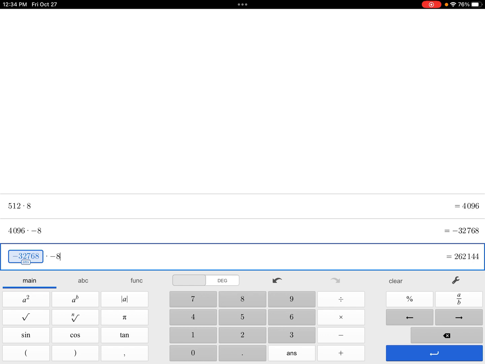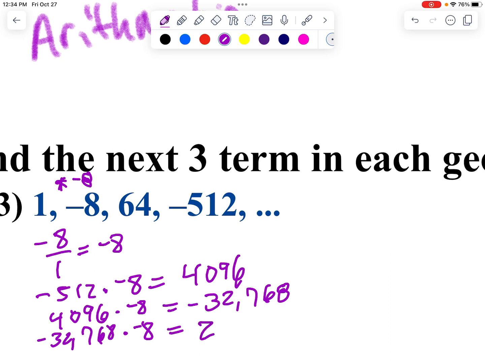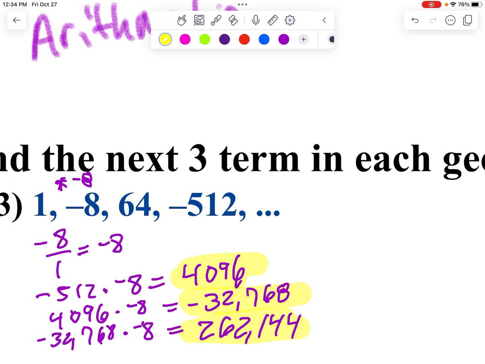And I'll get 262,144. So there are my next three terms: 4,096, 32,768, and 262,144. It gets big awful fast when we're multiplying.